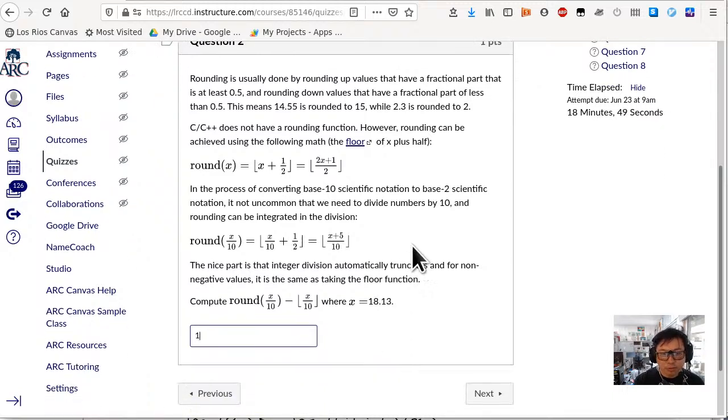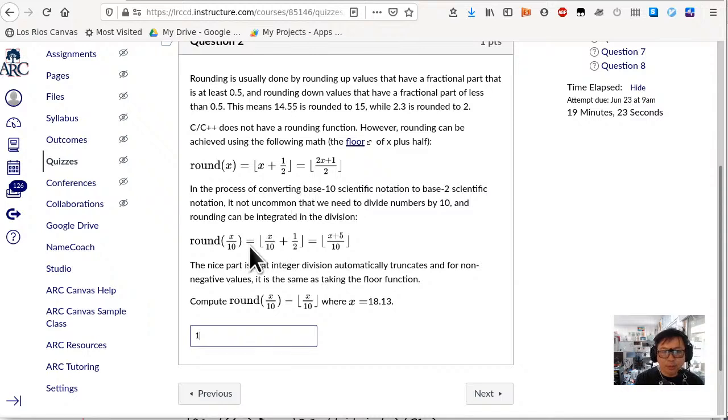So the purpose of this question is really just to present the method of doing rounding without having to make the rule of, if something has a fraction that is 0.5 or more, we round up. If it is less than 0.5, we round down. Instead of specifying that rule, we just say, oh, we can just add 0.5 to the value that we want to round, and then we take the floor of that. It serves the same purpose. But because we're adding 0.5, which is 1/2, right?